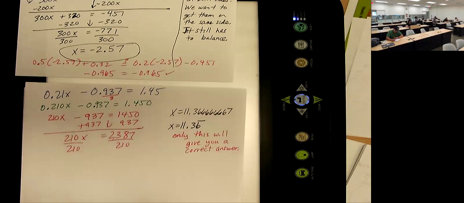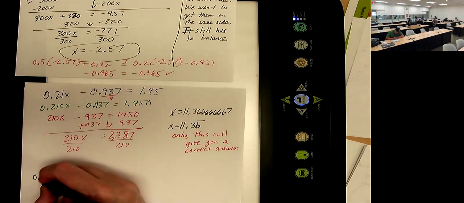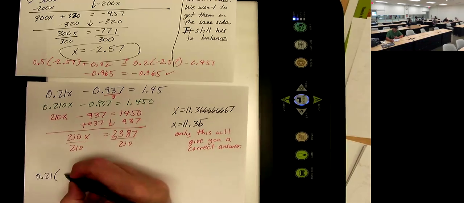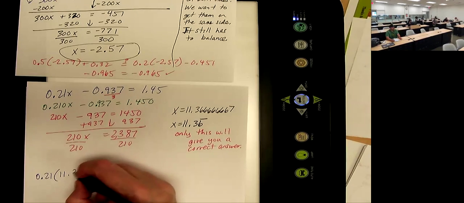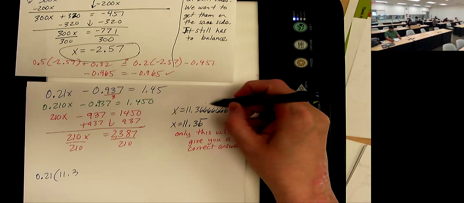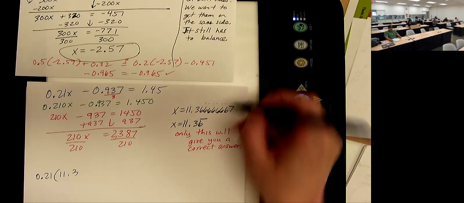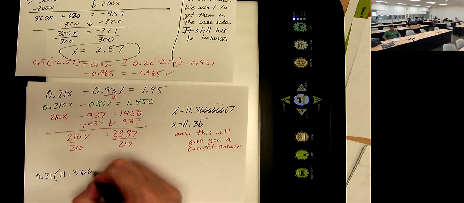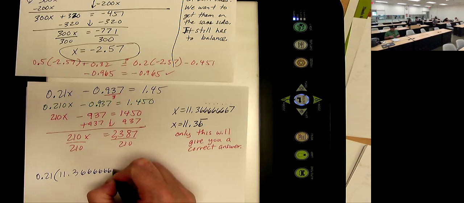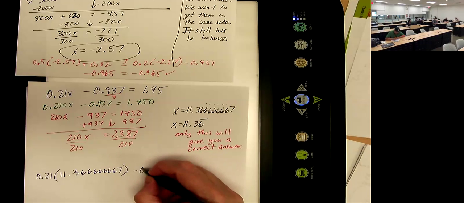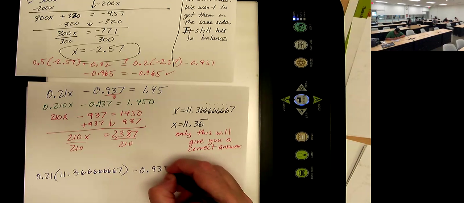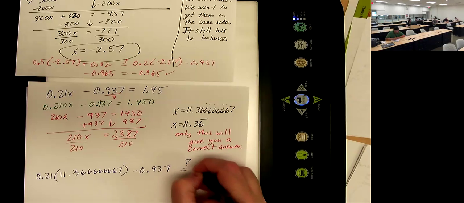I'm going to use what I have right here, and I'm going to show you that value does not work. If we do that, I've got 0.21 times 11.3, how many 6's do I have here? 1, 2, 3, 4, 5, 6, 7, that's convenient. Then that's 7, minus 0.937. Does that equal 1.45?